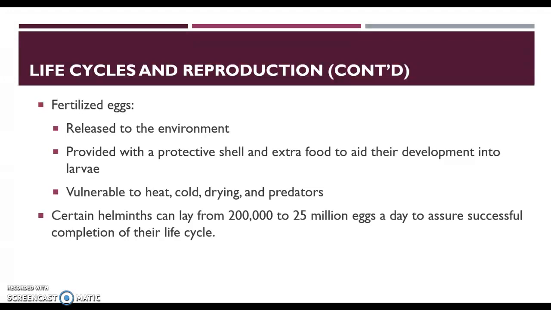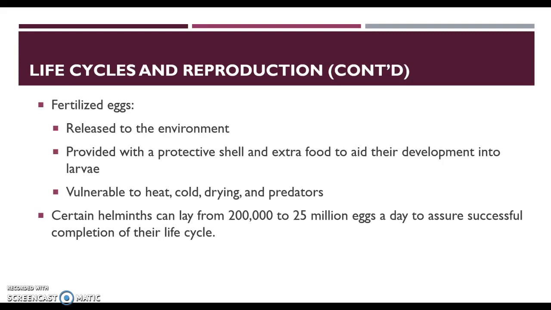Fertilized eggs are released into the environment, generally in the feces of the definitive host. They are provided with a protective shell and extra food to ensure that they develop into a larva. They are able to survive limited changes within the environment.